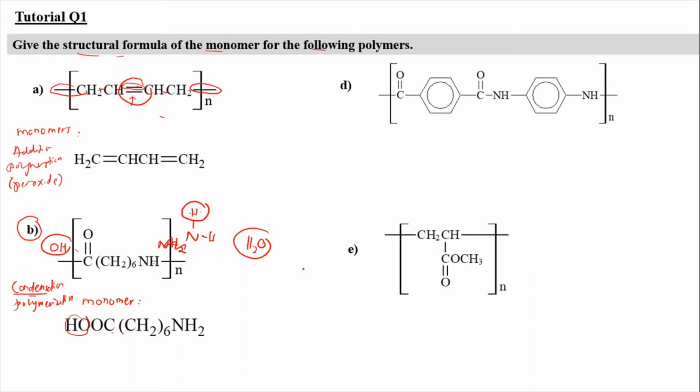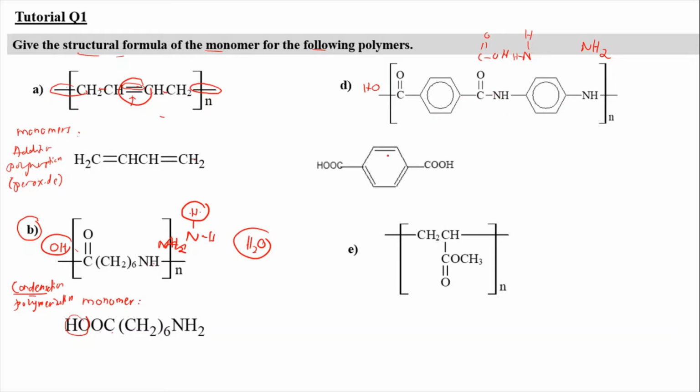Alright, and now for the structure of D. The polymer D here is the same as B. So you know that the C double bond O should consist of OH, and this C double bond O here will also have OH. And for the amino group, it should have NH, so you're going to have NH2. The same goes for this side. For the monomers, we're going to have two different types of structure.